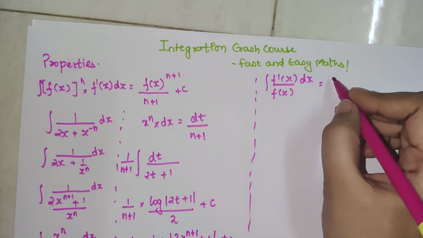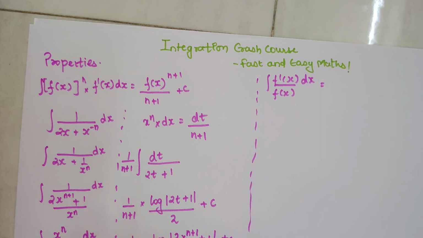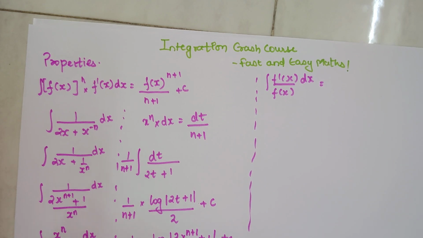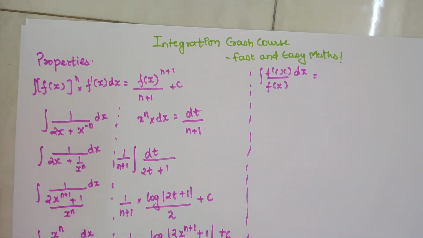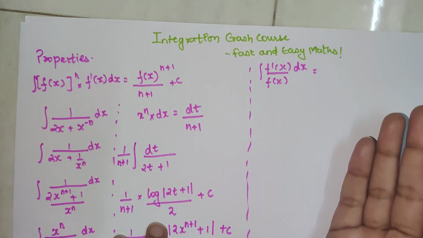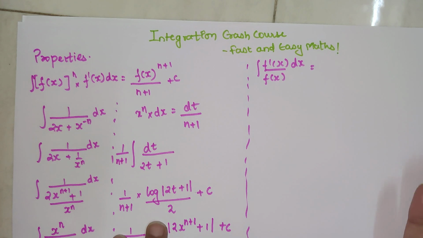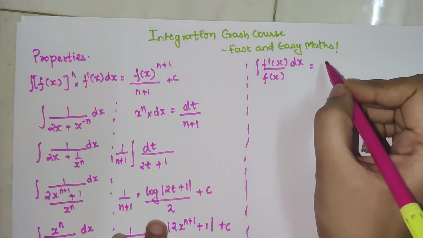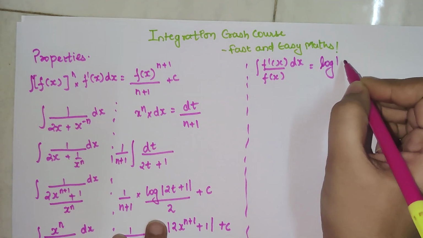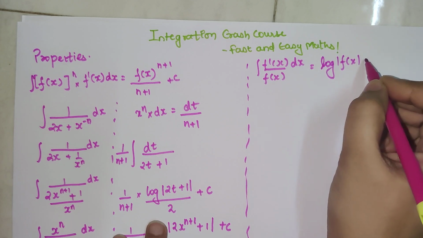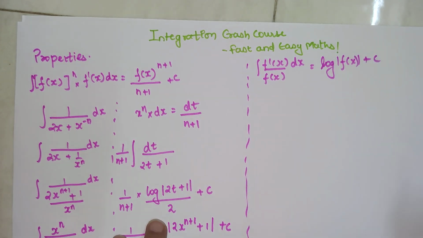Okay. Or before I forget, the partial fractions, but that you will come to understand once you come to that video as well. Okay. So why you will not use a property and why you should use partial fractions at times. Okay. So your final answer will be log mod f of x plus c.